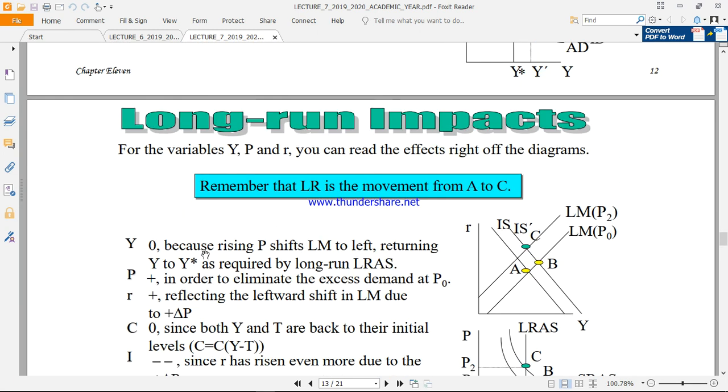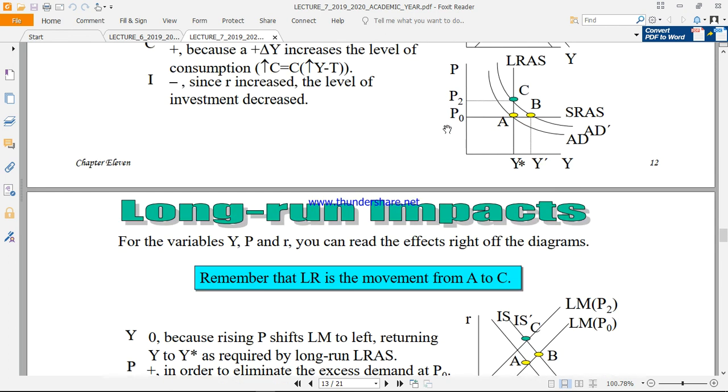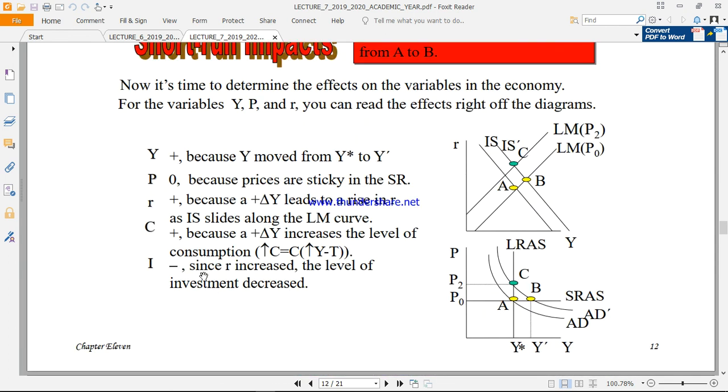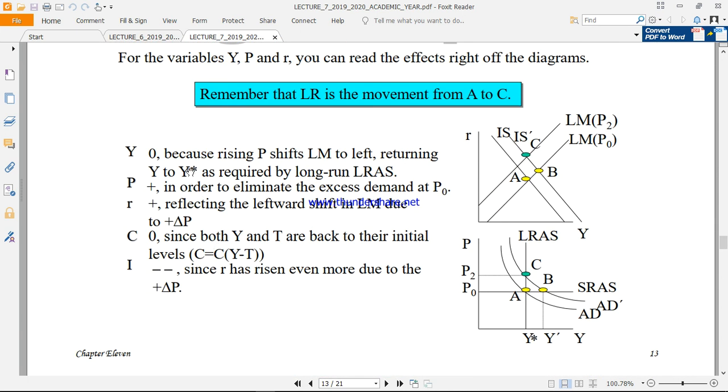Let's talk about the long run. In the short run, output is going to increase, prices are stuck, interest rates increasing, consumption increasing, investment decreasing. But now in the long run, the change in output is going to be zero because it's going to get back to the natural level. The rise in prices shifts the LM to the left.